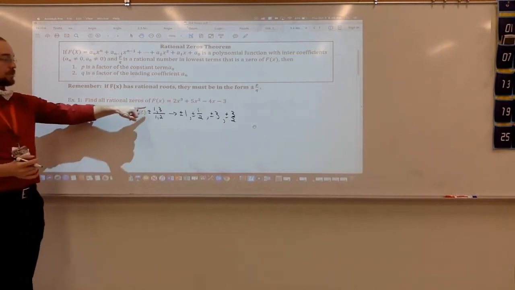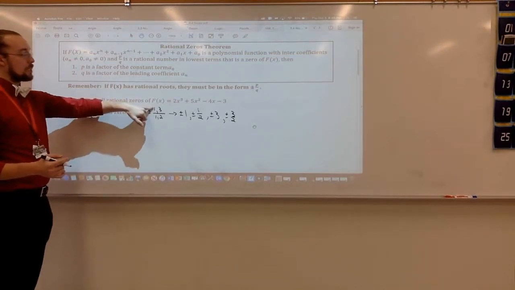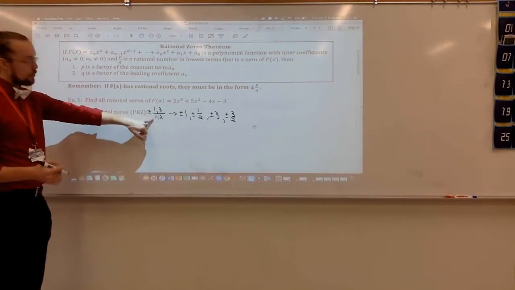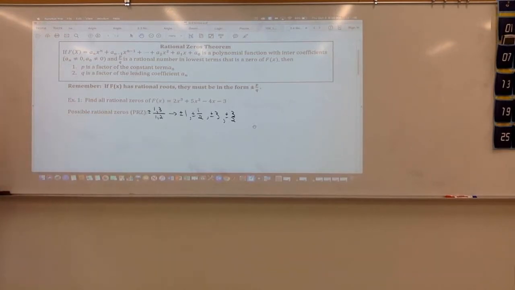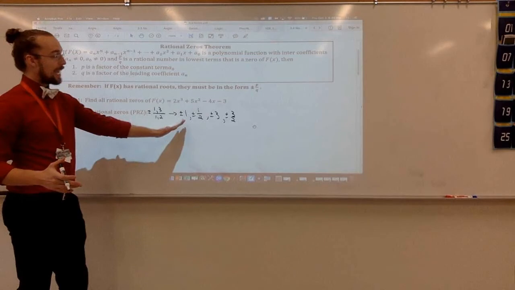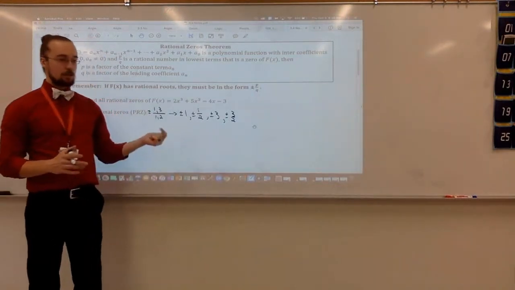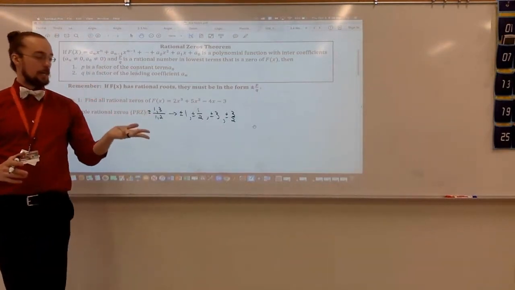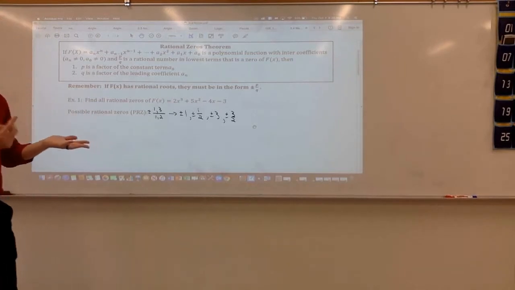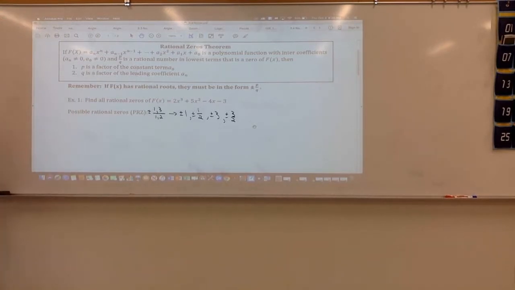So it's just all of the factors of the constant term over all of the factors of the leading coefficient. We've come up with 8 different numbers here, right? Positive 1, negative 1, positive a half, negative a half, positive 3, negative 3, positive 3 halves, negative 3 halves.